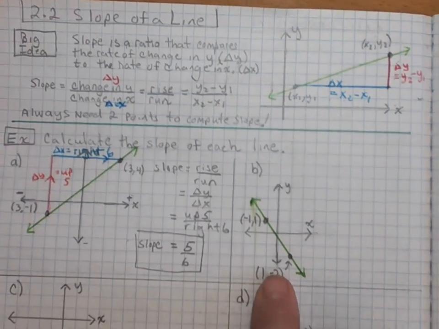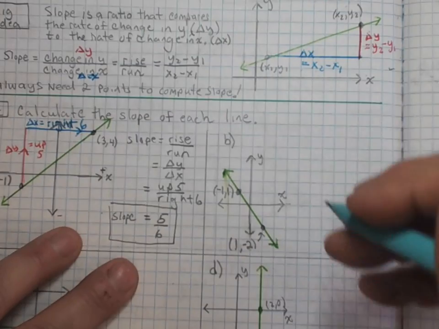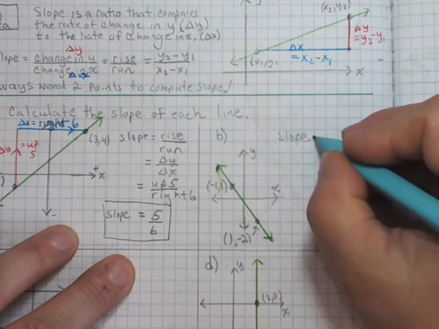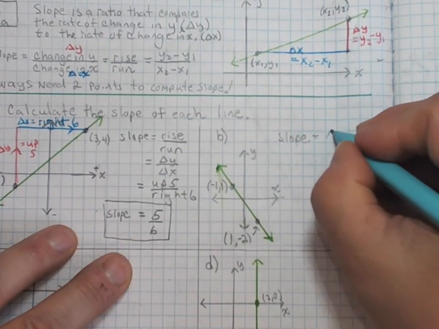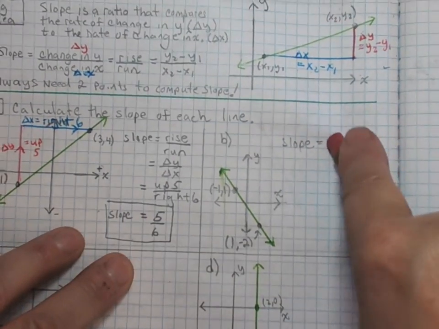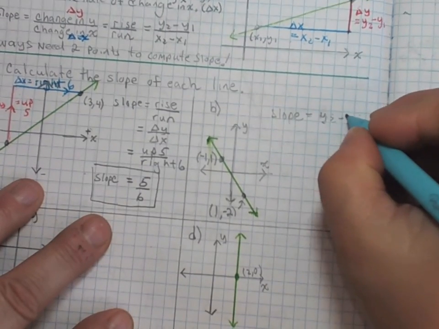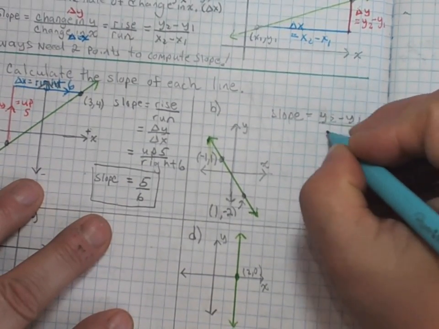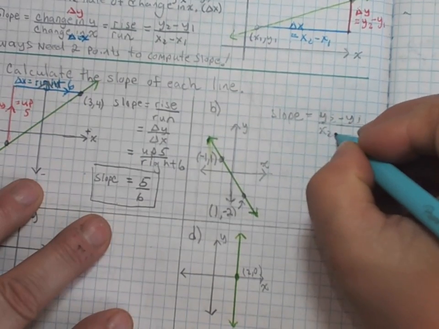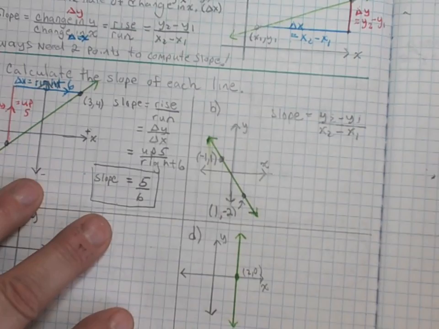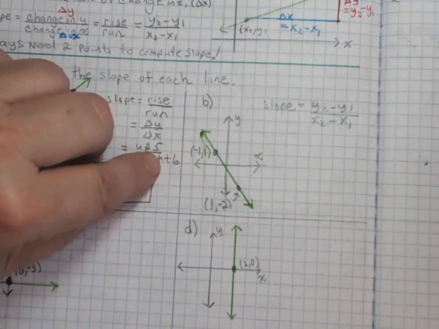And so let's go ahead and calculate this. We can use our formula. So slope is equal to, let's write the formula, y2 minus y1 over x2 minus x1. You should write things a few times so you get used to it. So y2 over x2, y1 over x1. All right, so what is y2 and y1?